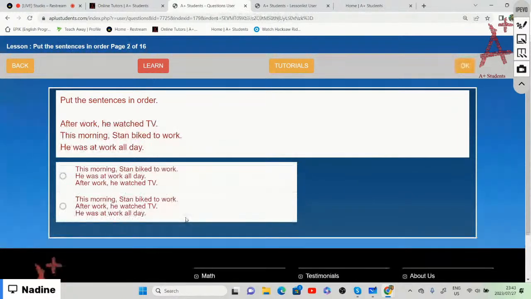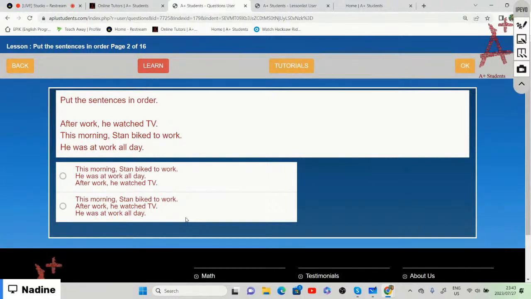We need to put the sentences in order. After work, we watched TV. This morning, Stan biked to work, which means that they took a bicycle to ride to work. So they were riding to work with the bicycle.